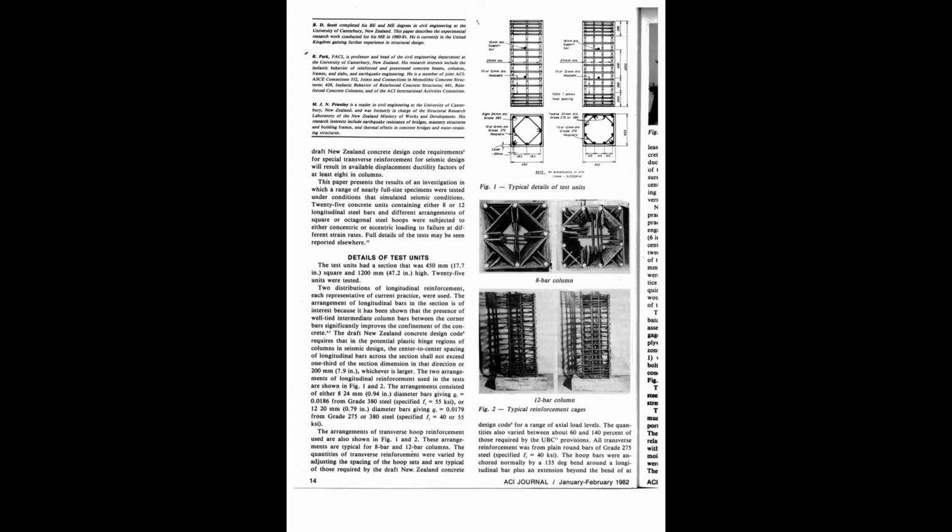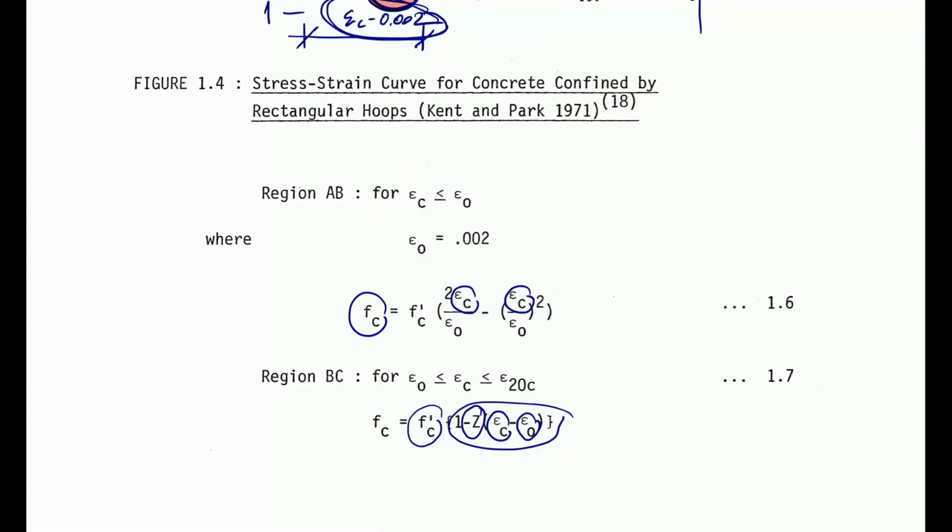Anyhow, if you look in this Scott paper, I think they also show Park and Kent, which is what we looked at last time, and modified Park and Kent is also here. So let's look at all of this.